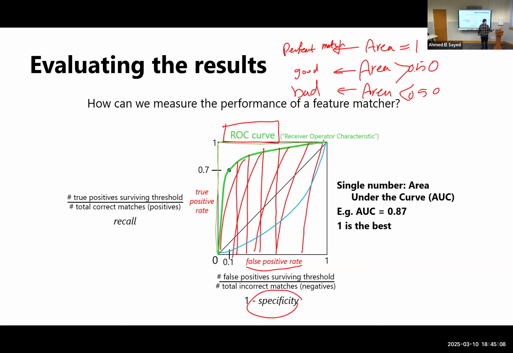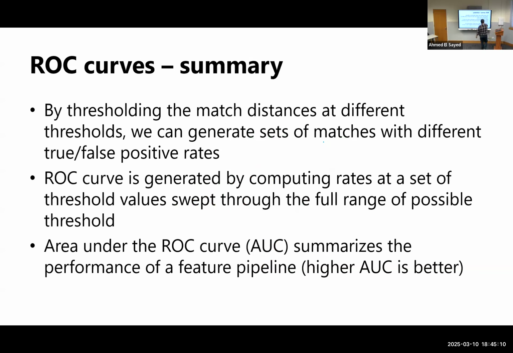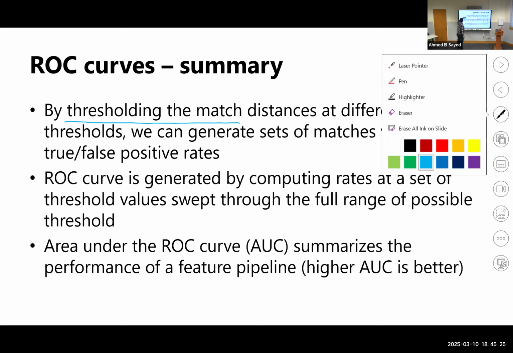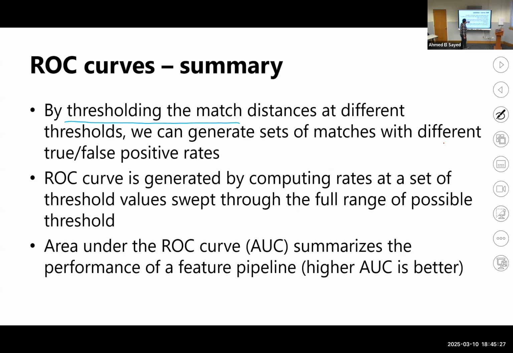Okay. So if I want to plot the ROC curve, first I have to find different threshold values for the ratio distance.